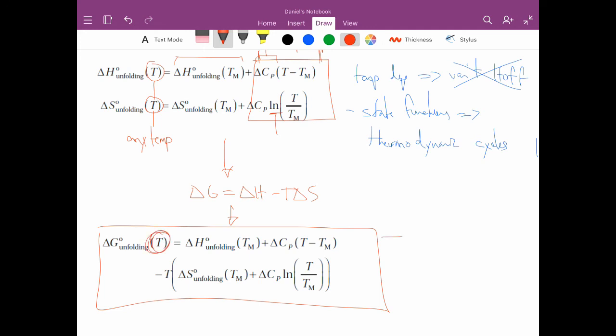So this is really useful because you want to know the stability of your protein at whatever temperature.